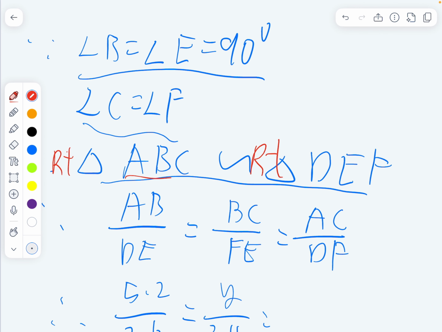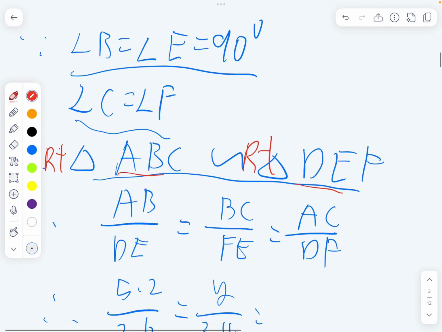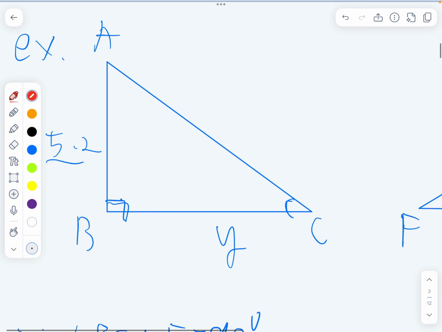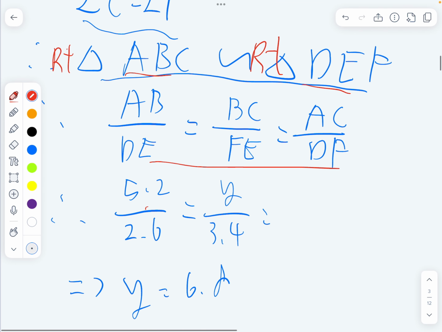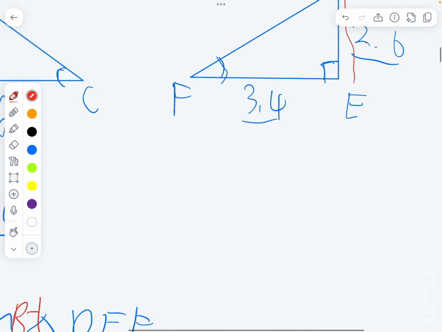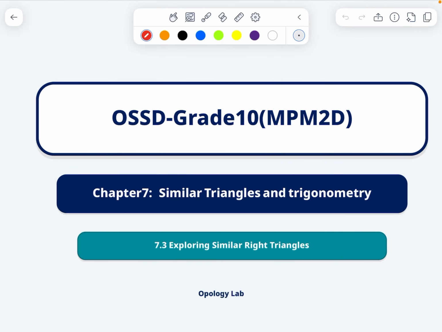So we can get the side ratio pairs, there are three pairs together. And we can write the values here: AB equal to 5.2 here and 2.6 for the DE.